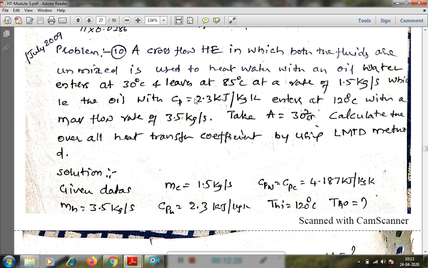Oil with Cp equal to 2.3 kJ per kg Kelvin enters at 120 degrees Celsius with a mass flow rate of 3.5 kg per second. Take A equal to 30 meters square. Calculate the overall heat transfer coefficient by using the LMTD method.